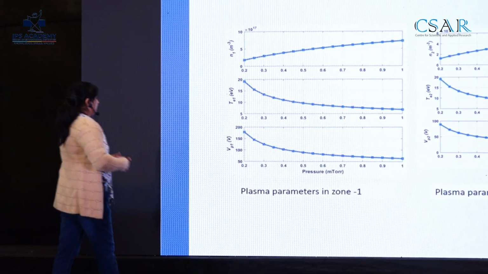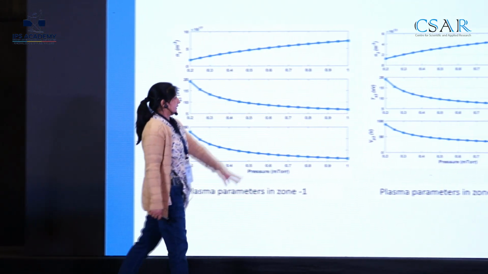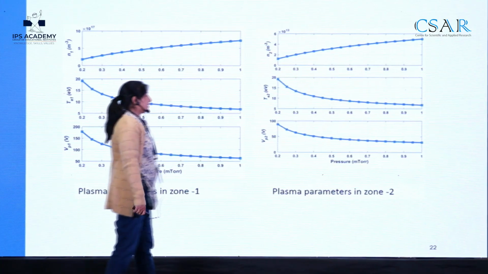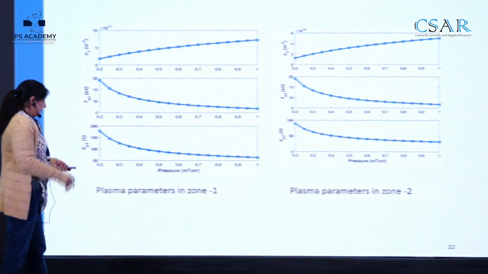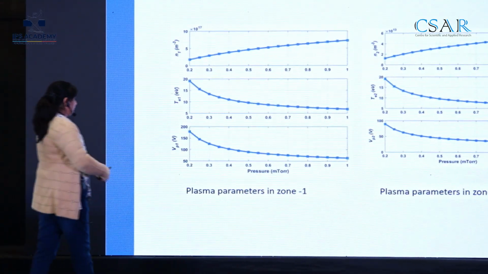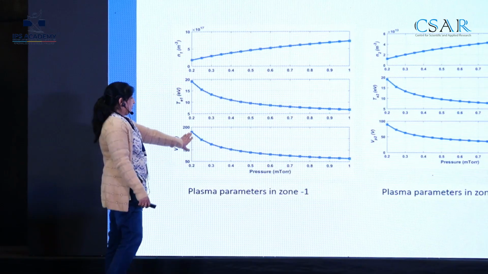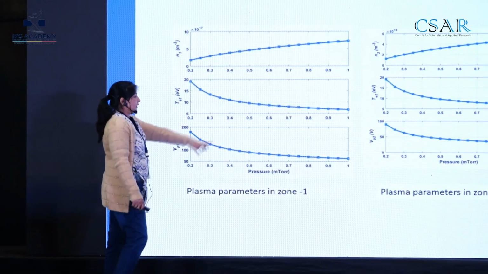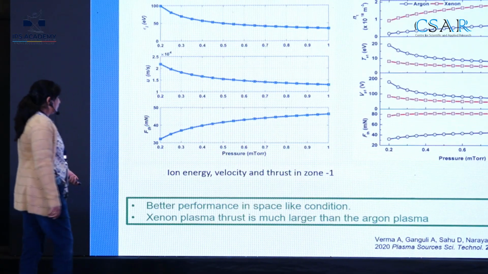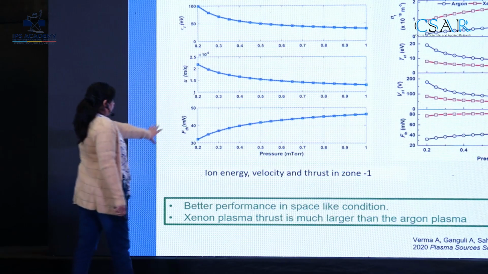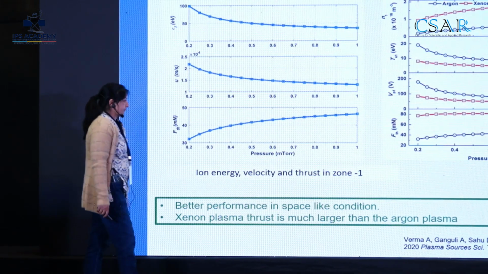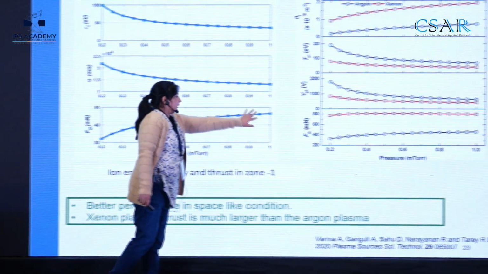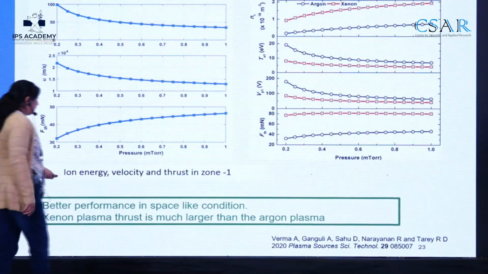So we see that now the density, temperature and potentials have fallen as compared to the previous case, which creates a larger potential difference between zone 1 and zone 2 and improves the thrust values. So the thrust is now a little bit improved, which is better.